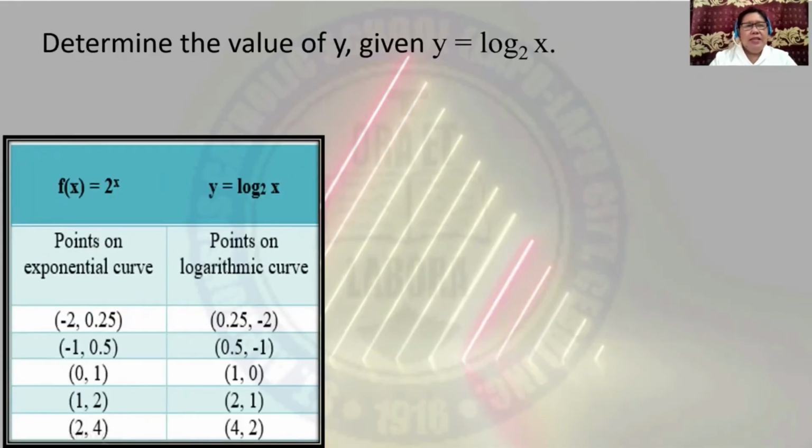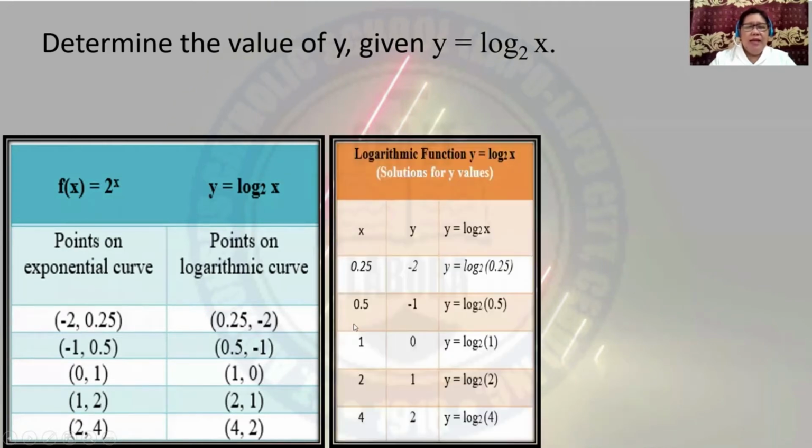Next, let us determine the value of y given y is equal to the log of x to the base 2. So with these points of the exponential curve, we have the points here on the logarithmic curve. To find the values of y here, how to get the -2, all you have to do is to replace x by 0.25.